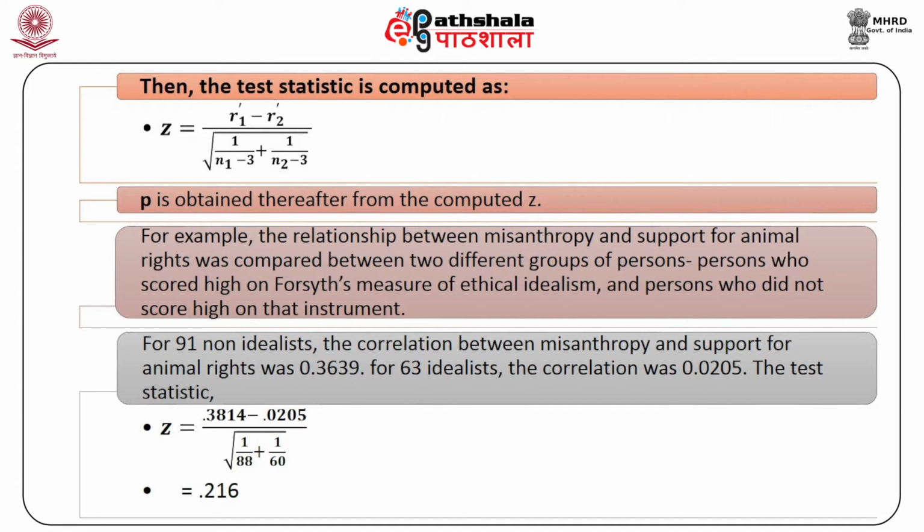For example, the relationship between misanthropy and support for animal rights was compared between two different groups of persons: persons who scored high on Forsyth's measure of ethical idealism and persons who did not score high on that instrument. For 91 non-idealists, the correlation between misanthropy and support for animal rights was 0.3639.